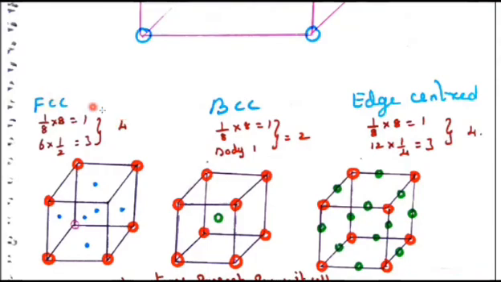So these are the number of atoms present per unit cell. In FCC, atoms per unit cell is 4. In BCC, atoms per unit cell is 2.